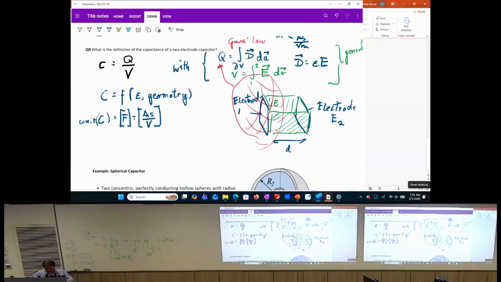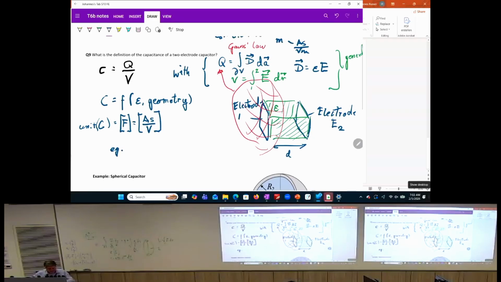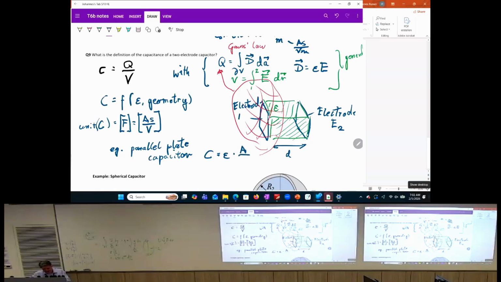This is a specific example of the parallel plate capacitor, and there we had found in the lecture that the capacitance is given by the permittivity times the area divided by the plate separation.